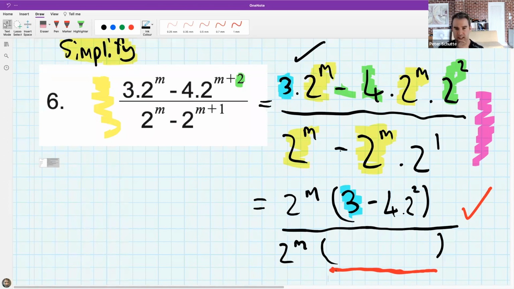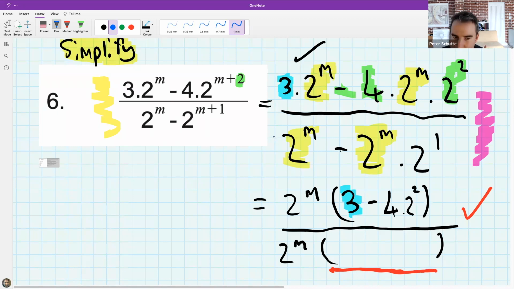It's a little bit sneaky. There may be a reappearance of the phantom from the earlier. Those who were at the earlier lesson will know what I mean. I'll explain now. So if I took the 2 to the m out, for this first one, if I take it out, there's nothing left behind.